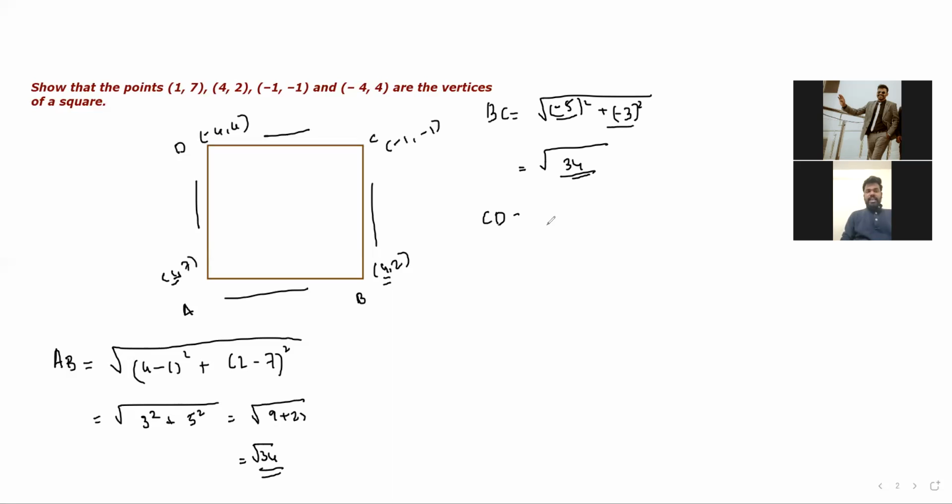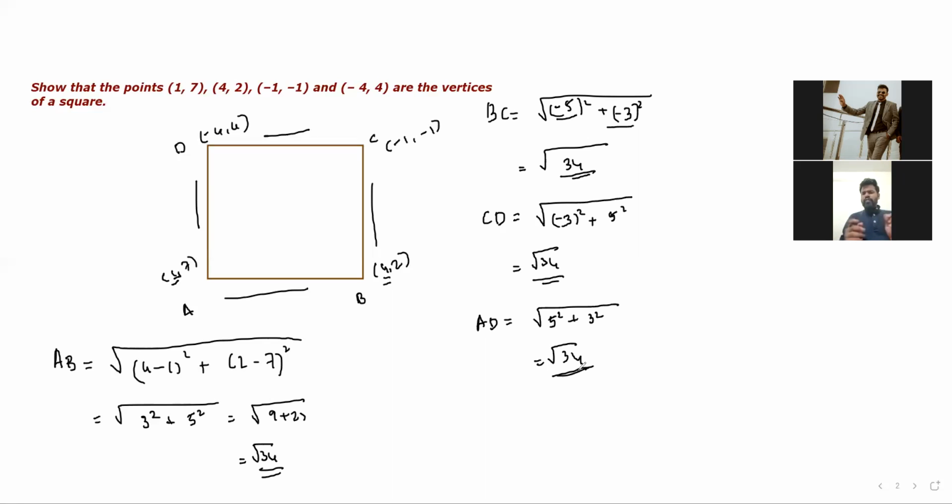Now CD: I'll get (-4 minus -1), that is -3, the whole square, plus (4 minus -1), 5 square, and that gives us again root 34. Finding AD, you will get (1 minus -4), that is 5 square, plus (7 minus 4), that is 3 square, and that gives us again root 34. So you are getting all four sides as root 34.